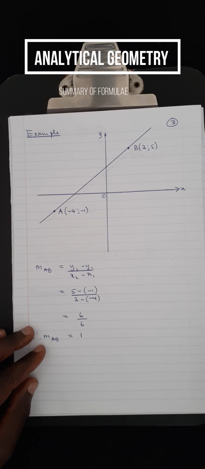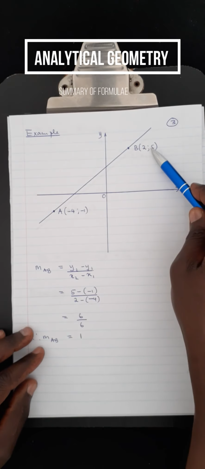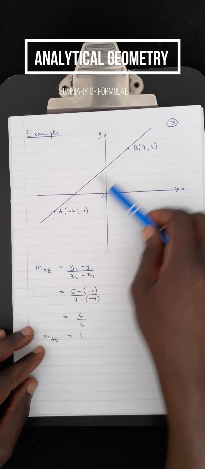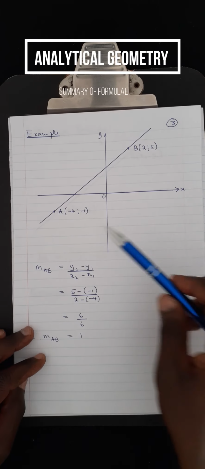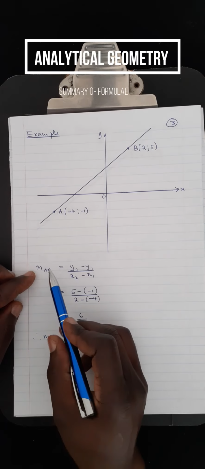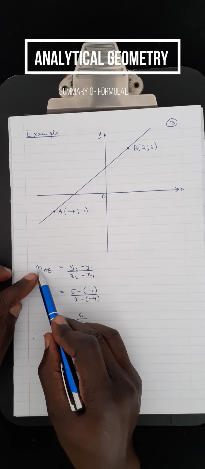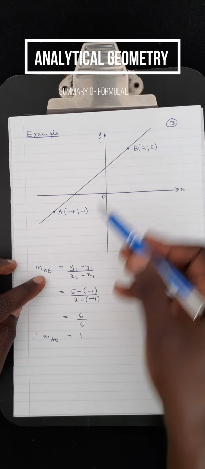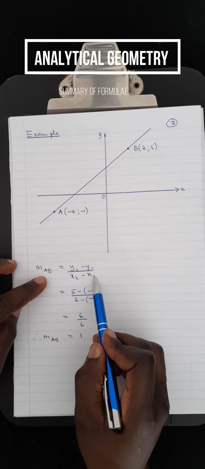Now, how do we find the gradient of that straight line? M stands for the gradient of AB, the slope of this line joining the 2 points, and it is equal to y2 minus y1 over x2 minus x1.